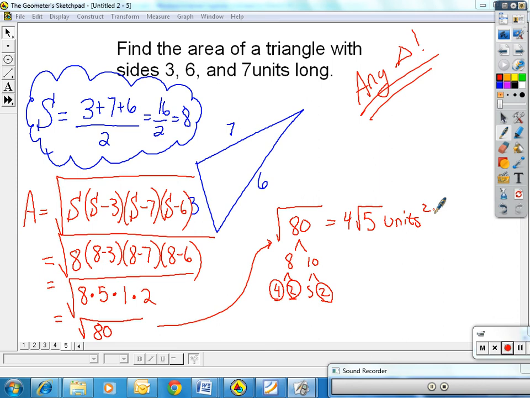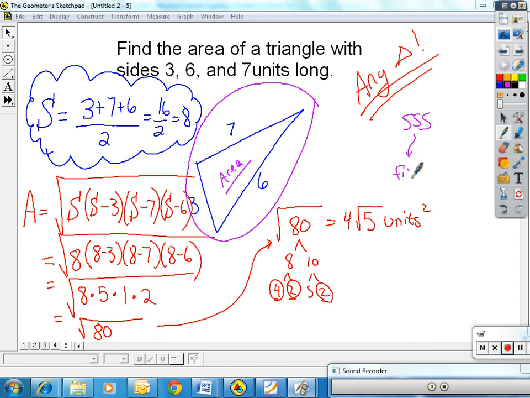There's one concept here that I would hope that you would understand, and that is that if I have a triangle and I know all 3 sides, then there should be a formula that finds the area of it. Let's think about why. Well, going back to our congruence, side, side, side gives me congruence, right? So what that means is, if I know the 3 sides of a triangle, it's fixed.